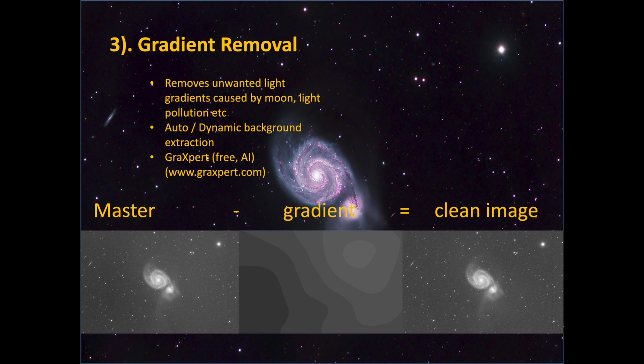I've found since they put this AI function in, the images are ridiculously good after the fact. Shown across the bottom, I've got my red master there in the lower left. I put it through GraXpert and subtracted the gradient. You see that uneven exposure there, and then on the right, it's a much flatter black background, edge to edge.